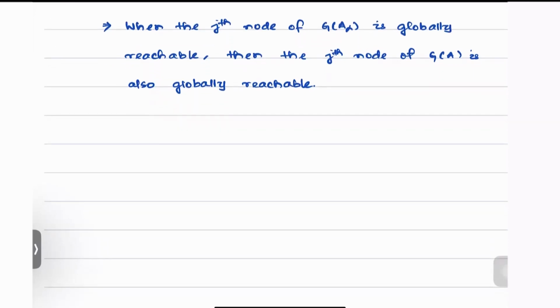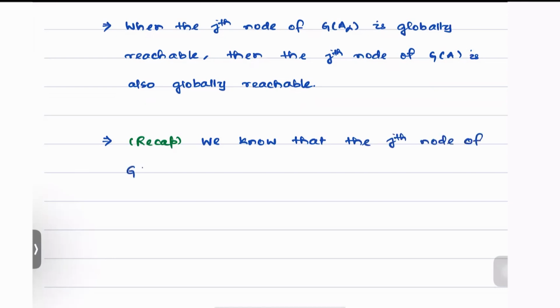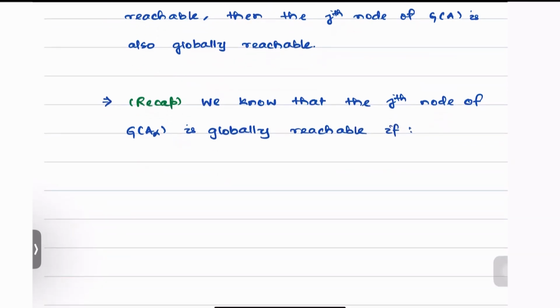And when is the jth node of G(A_L) globally reachable? So this is also something which we studied before. So let me write a recap here. This is something that we have discussed before. We know that the jth node of G(A_L) is globally reachable if the following holds.